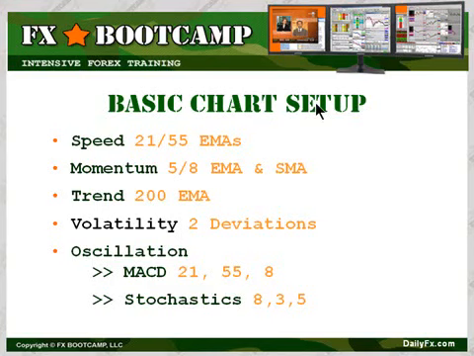For oscillators, I slow MACD down by using custom settings at 21, 55, 8, and this shows me overbought and oversold conditions of the market. And then I speed stochastics up to 8, 3, 5, and what it measures is overbought and oversold conditions for price action.